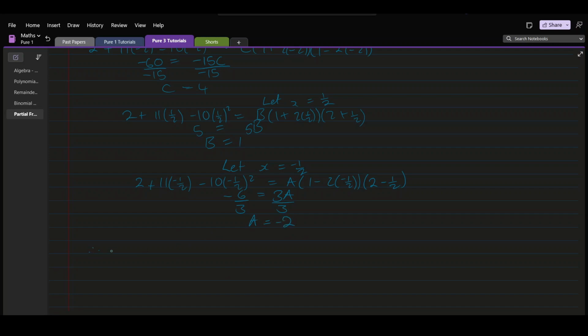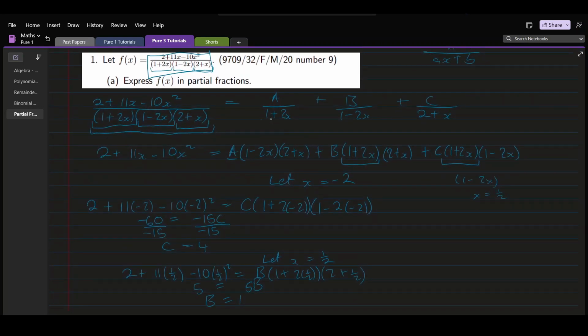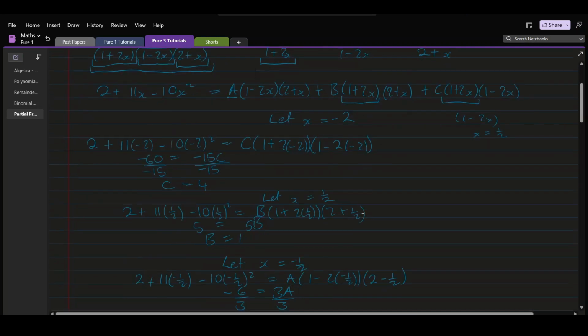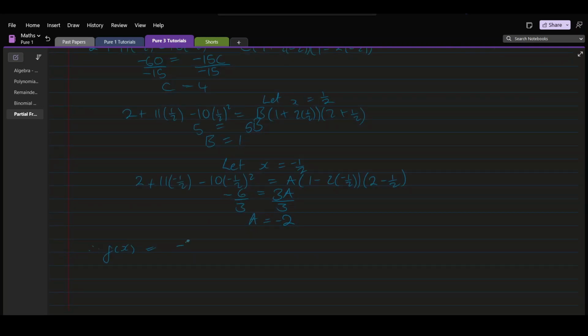So we can conclude that therefore f of x is equal to, let's go back to the statement we made at the very beginning. So we've got a over 1 plus 2x, and we've evaluated a to be -2. So this is now negative 2 over 1 plus 2x, and we will do the same.